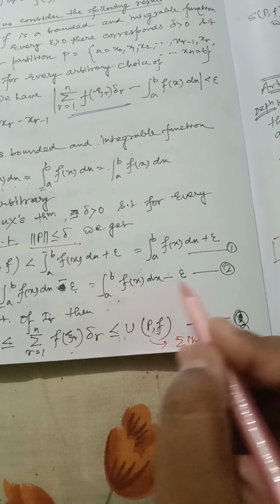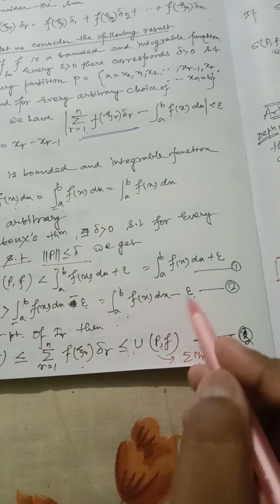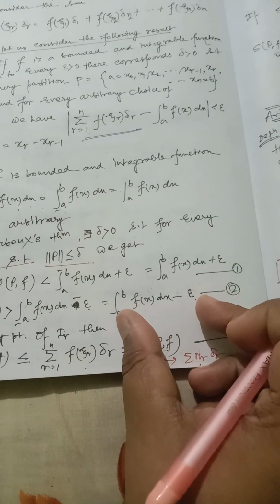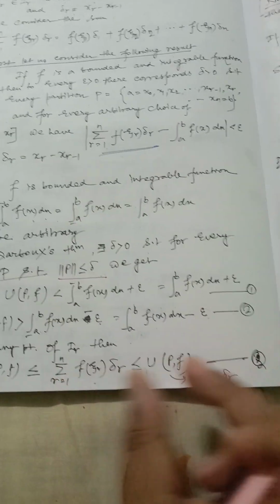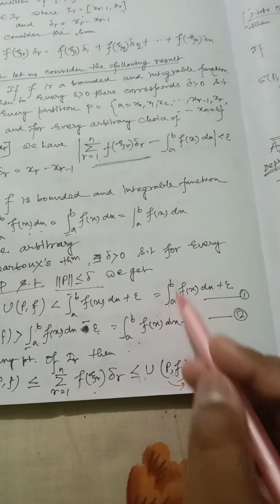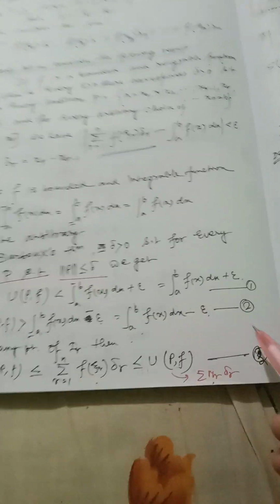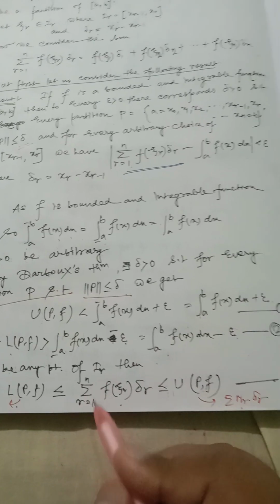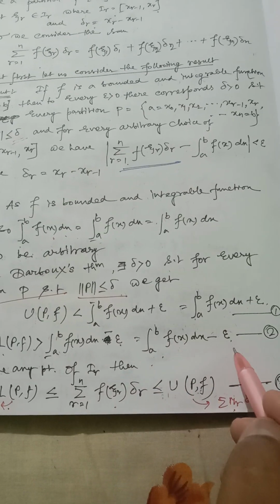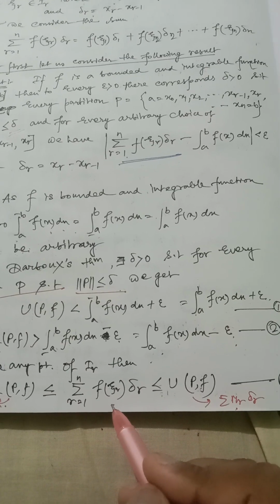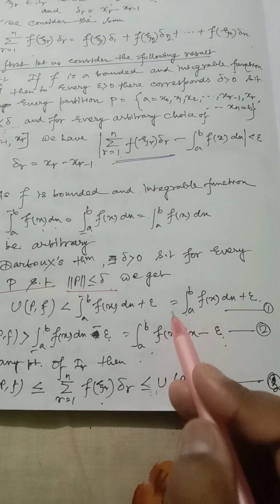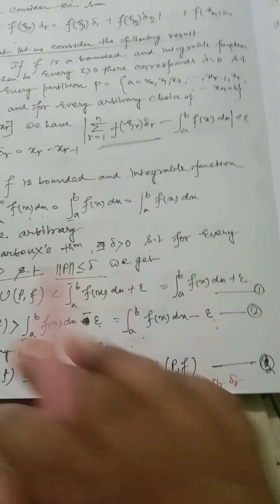The integral from a to b of f(x) dx minus epsilon, because L(P,f) is larger than this quantity, so definitely this part is less than L(P,f), which is further less than or equal to this part, which is less than or equal to U(P,f), and U(P,f) itself is less than what? The integral from a to b of f(x) dx plus epsilon. So combining all these possibilities, we can say the integral from a to b of f(x) dx minus epsilon must be less than summation f of xi r delta r, which in turn must be less than the integral from a to b of f(x) dx plus epsilon.